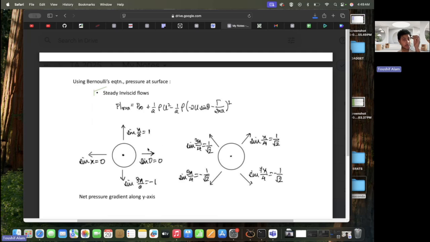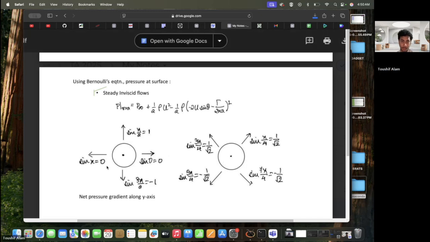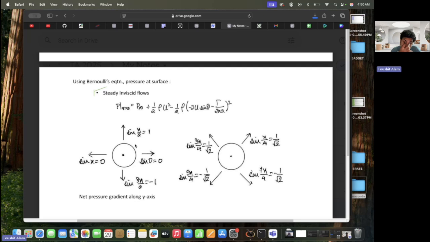This diagram shows you sin of 0 is 0, sin of pi by 2 is 1, and sin of 3 pi by 2 is minus 1. So there is a net pressure gradient along the y-axis. You can imagine with a stream flowing from an angle, there will be a net pressure in that direction, right?